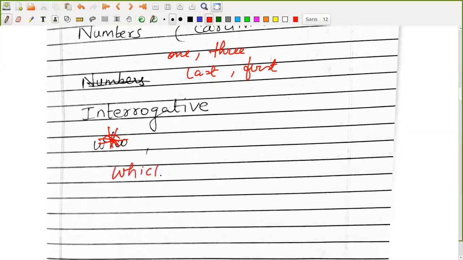Interrogative means, as you can see, a question word. Which book is yours? This is interrogative. What time will you come? This is also interrogative. Whose shirt are you wearing?